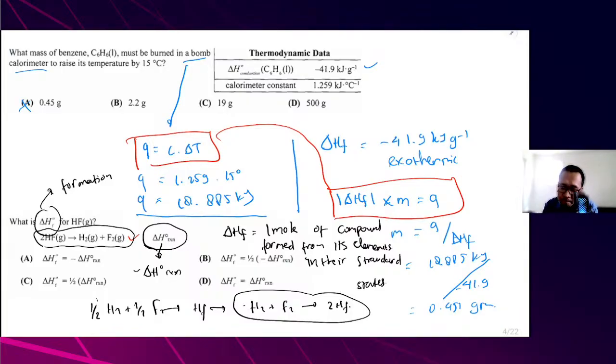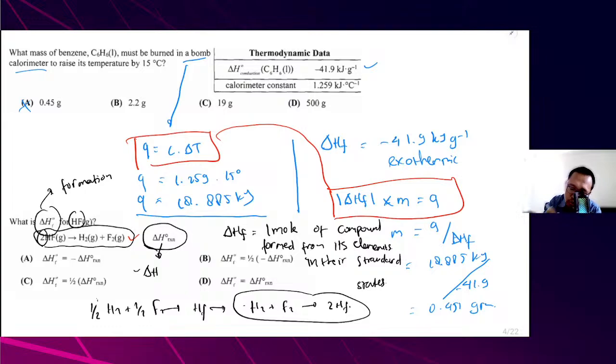Okay, so let's take a look at the options. The good answer will be B. The question is about HF: what we want to know is just one HF.